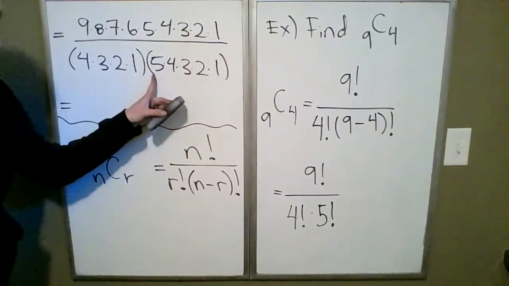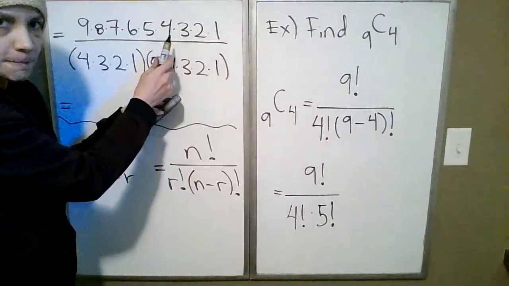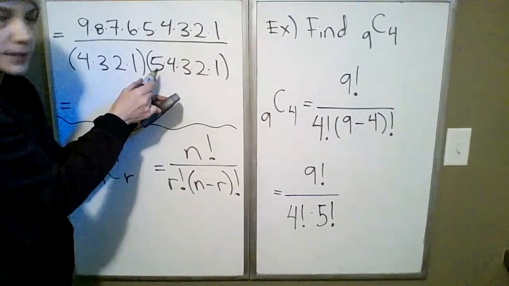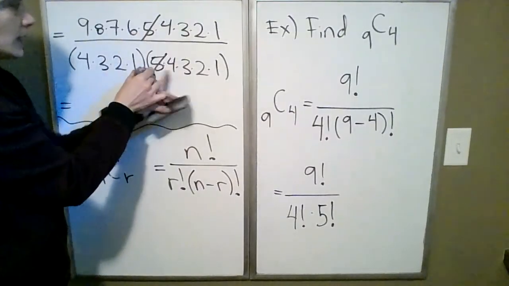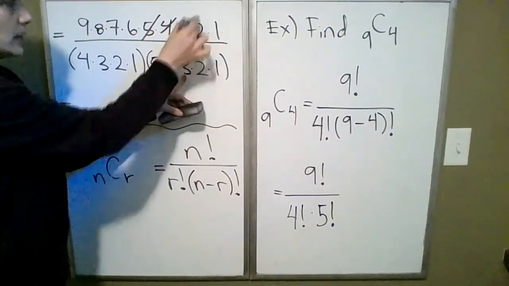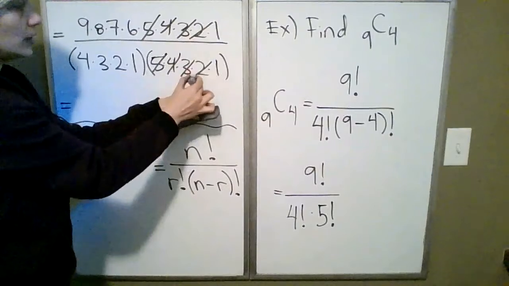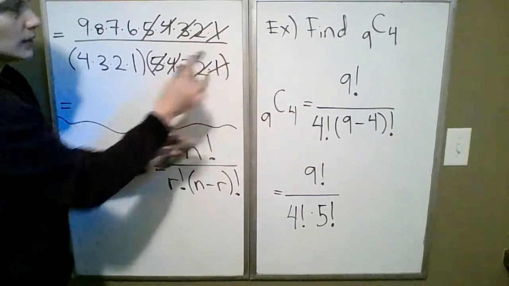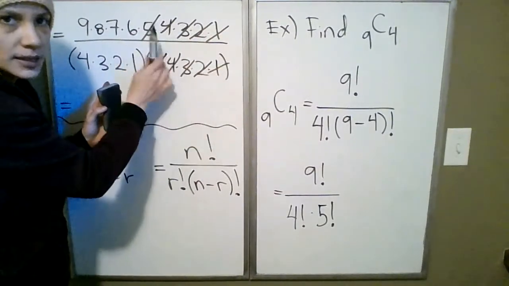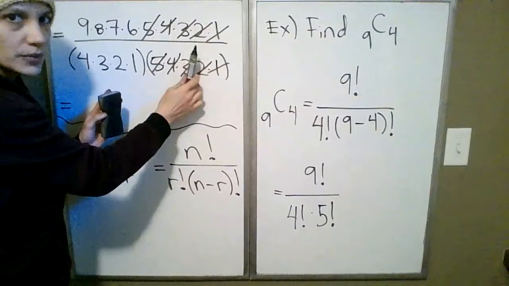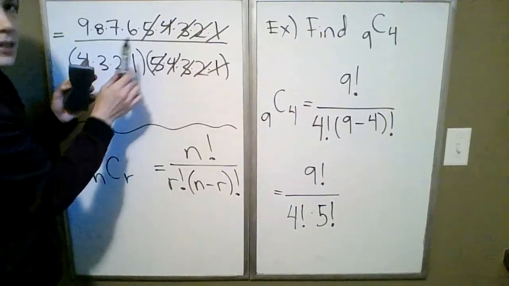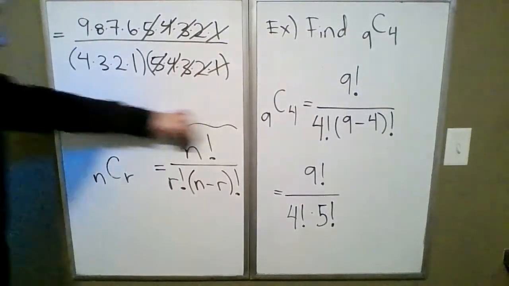Okay. I'm going to focus on this piece and the numerator. So there's the 5 over 5, and then a 4 over 4, 3 over 3, 2 over 2, 1 over 1. All of that simplifies to 1 each time. 4 over 4 is 1. 3 over 3 is 1. Let's see what's left over.